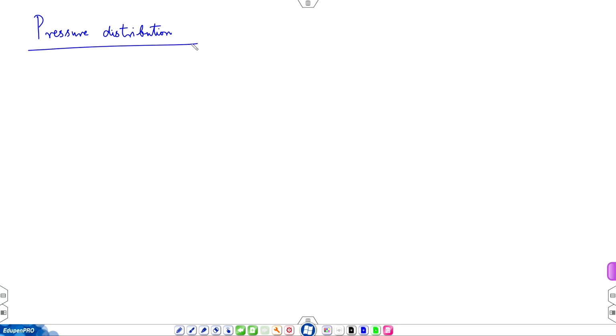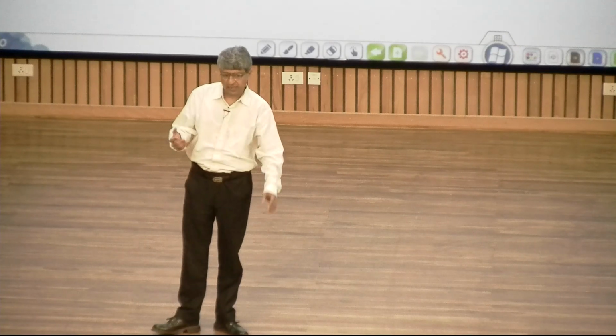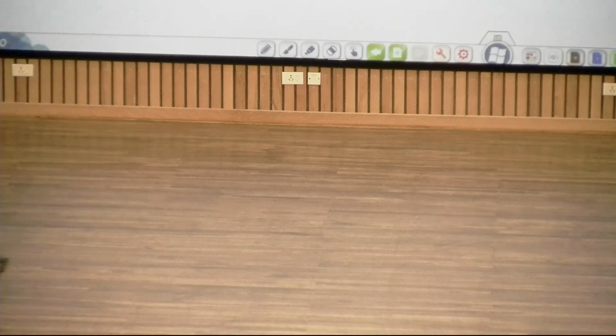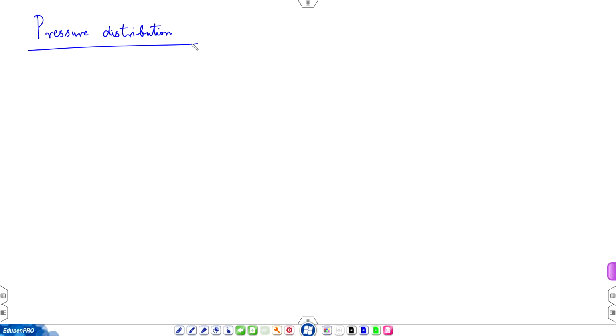So, if somebody tells you the forces are correct or incorrect, if they are correct, it tells you that the pressure distribution is correct. If force is incorrect, it tells you that the pressure distribution is incorrect. That is why you got a wrong answer. So, that is why it is good to examine the pressure distribution. So, let us start with the first example.